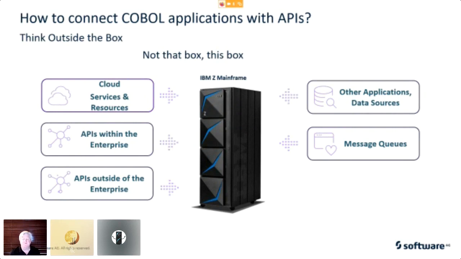And one I see that's growing a lot are message queues, the JMS, the publish and subscribe, called pub/sub. Events happen within that mainframe in a variety of different places that people may or may not need to be notified of. So what you can do is send those events to those message queues so that people can subscribe and be notified of them. One of our state agencies has a notification system of their criminal justice system.